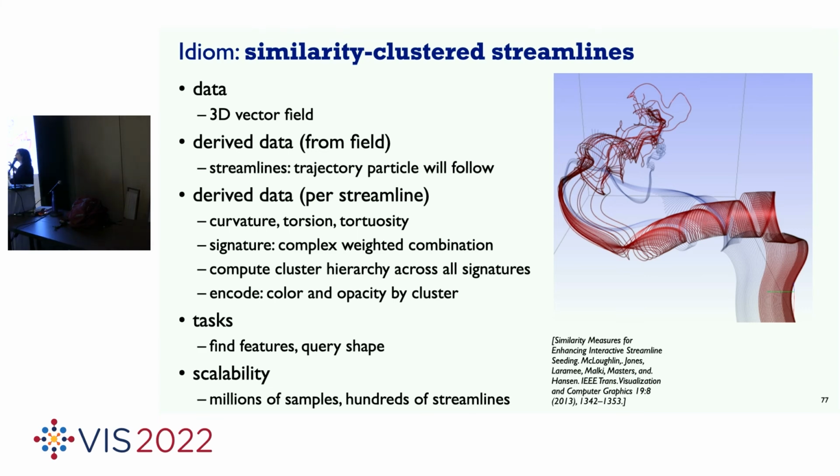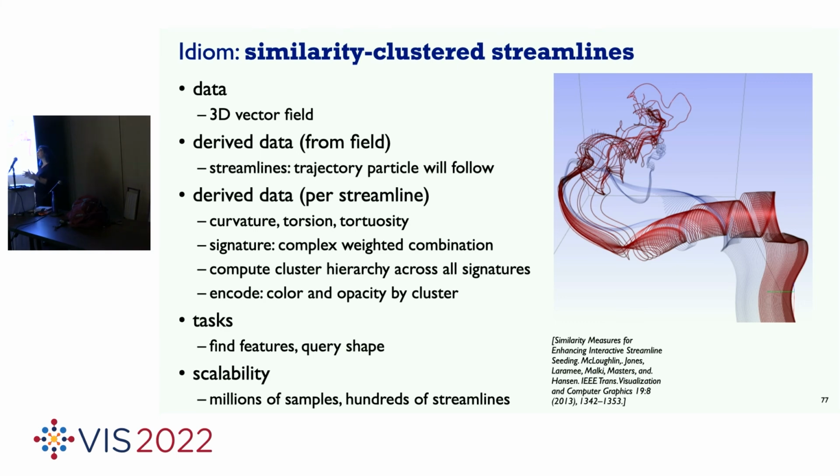These all come down to different ways of measuring the squiggliness and curviness of these lines. Then they have a weighted combination of these that they call the signature, and then they compute a clustering of the signatures. So they try to say, where are these lines roughly doing similar things?